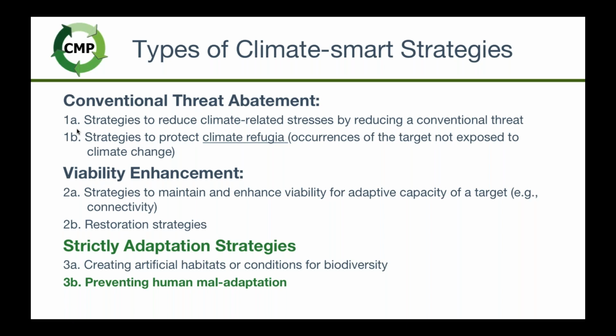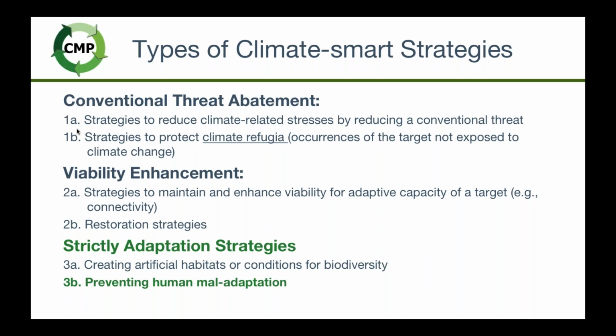It would also make sense for me to place that category under the viability enhancement strategies and less in the threat abatement one. So that would be one question. If you could repeat the reasoning why it ended up in the first category. Yes, let me answer that one first.